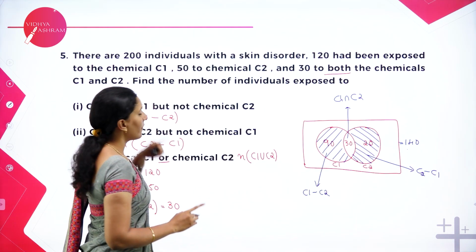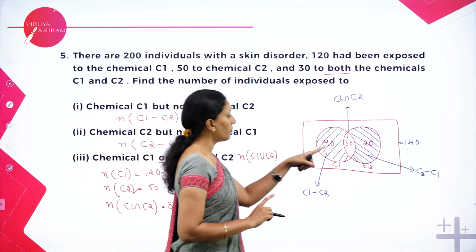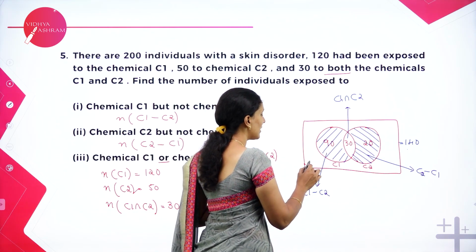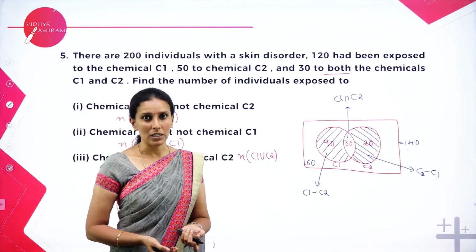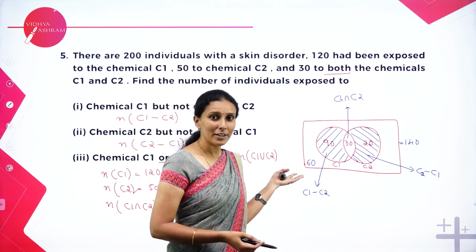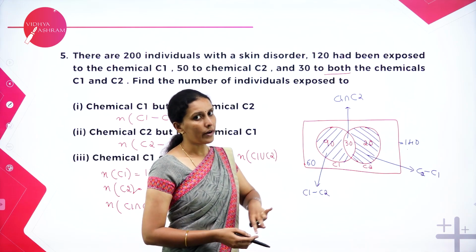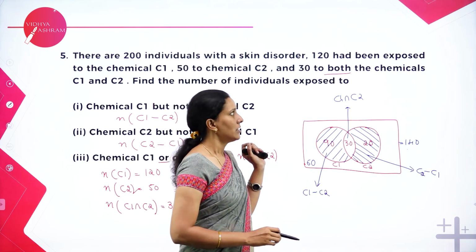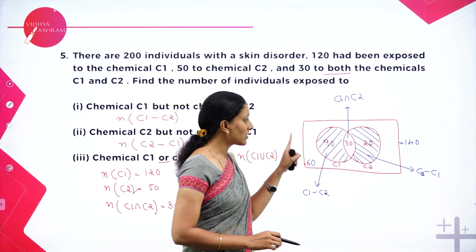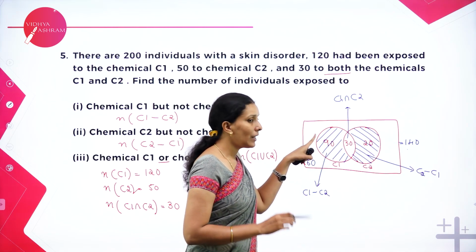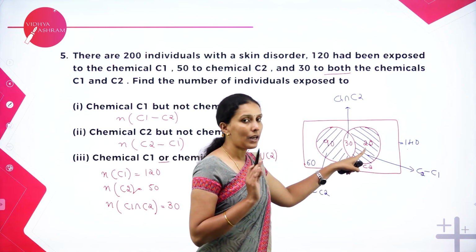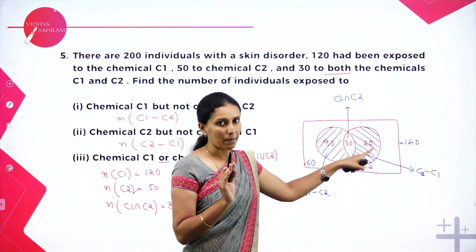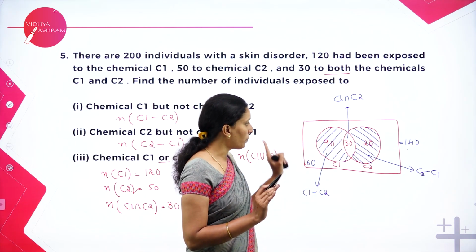But there are 200 individuals. So out of 200 individuals, 60 people are not exposed to any of the chemicals, meaning they are exposed to neither chemical C1 nor chemical C2. So out of 200 people, 90 are exposed only to chemical C1, 20 only to chemical C2, and 30 to both.